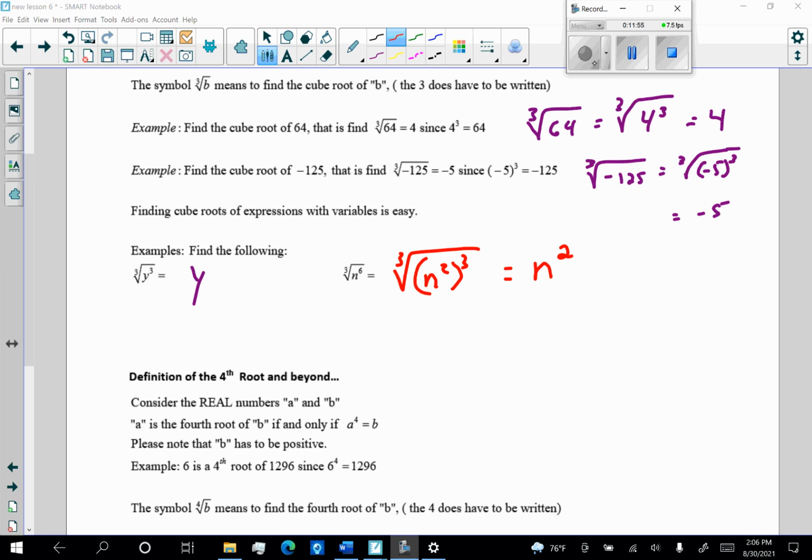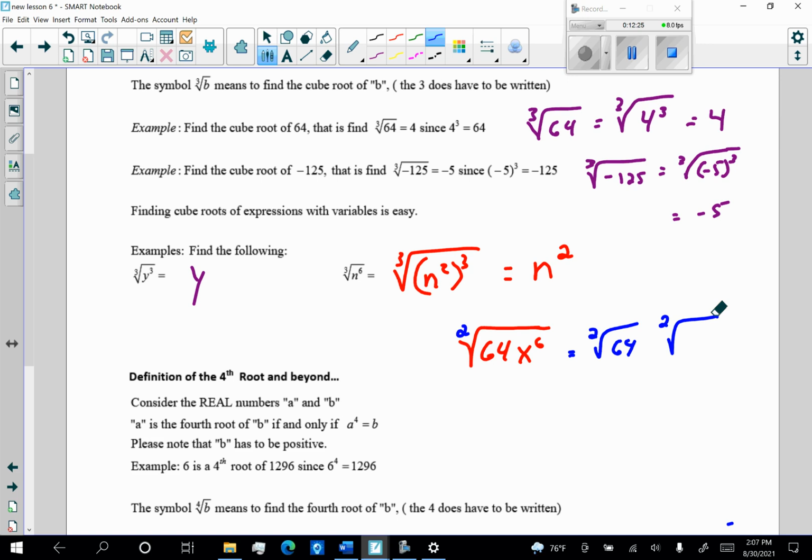But if we look at this one right here, and we're looking at square roots, here's an example. I have the square root of 64x to the 6th power. The square root is not written, so we're assuming that that's the square root. Actually, we're knowing that's the square root. So this is going to be the square root of 64 and the square root of x to the 6th.